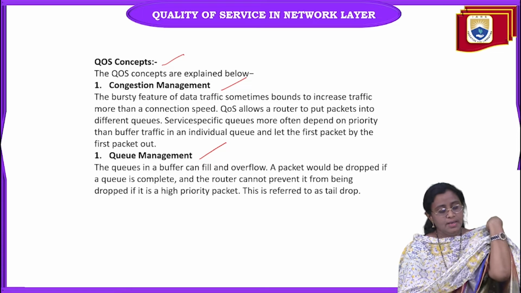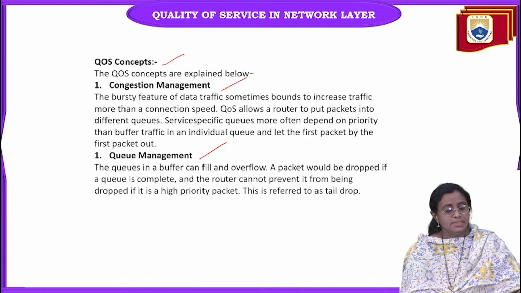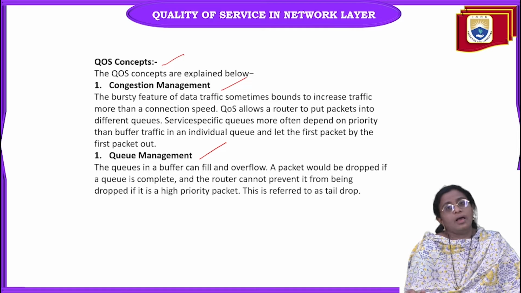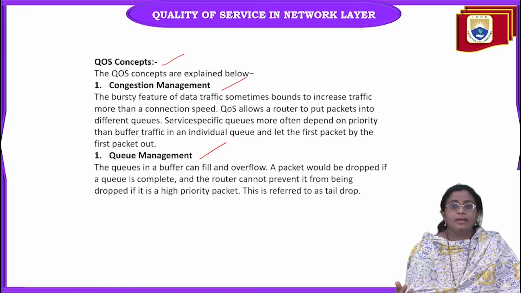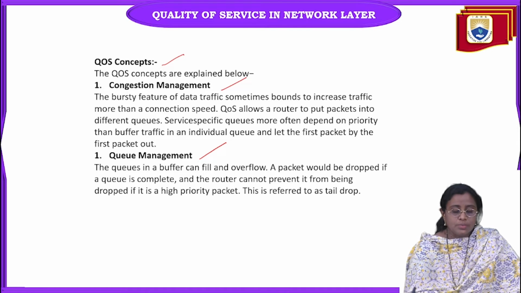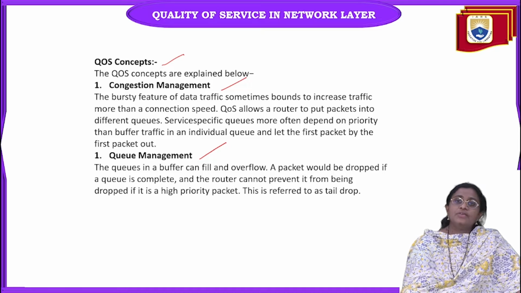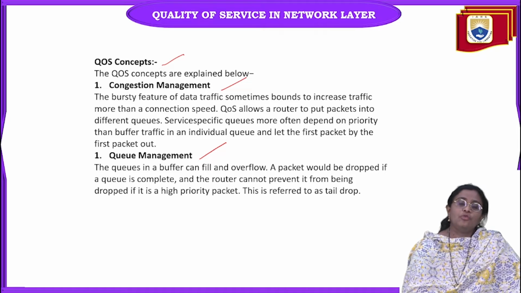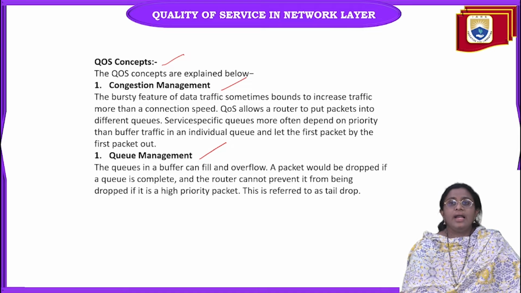In congestion management, the bursty nature of data traffic can sometimes increase traffic beyond the connection speed. QoS allows a router to put packets into different queues. Specific service queues more often depend on priority than buffering traffic in an individual queue, letting the first packet in be the first packet out.